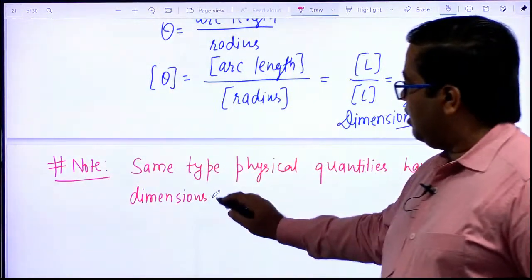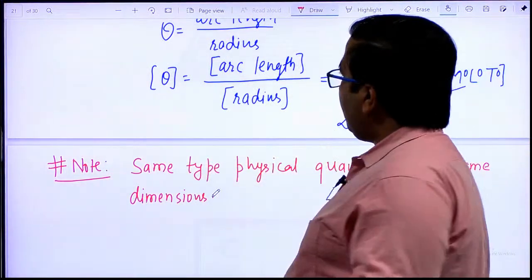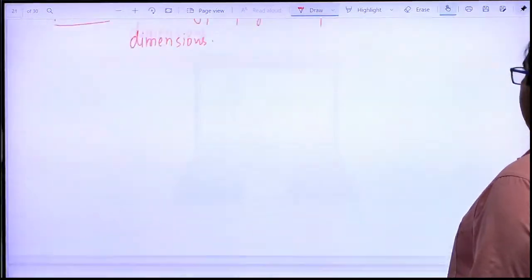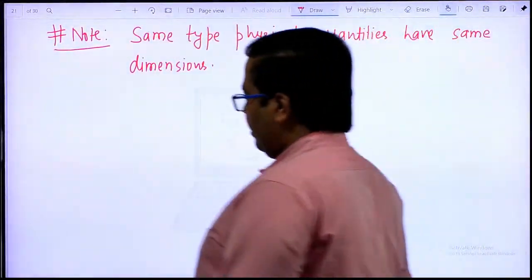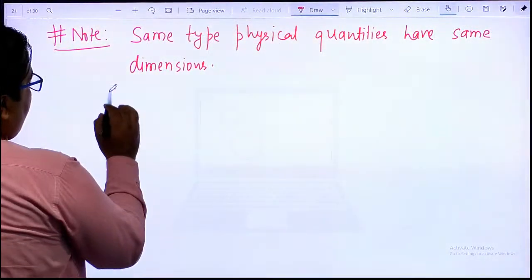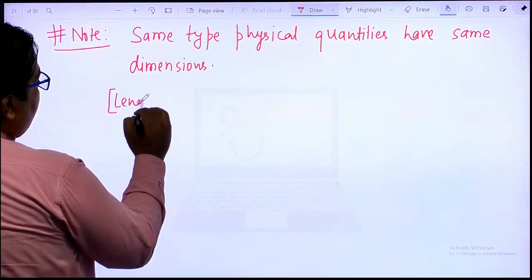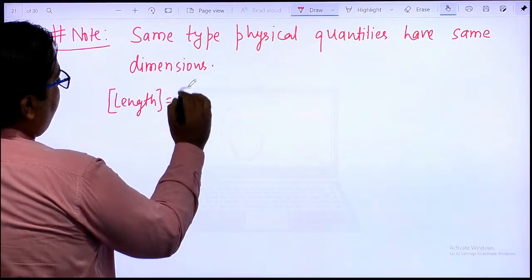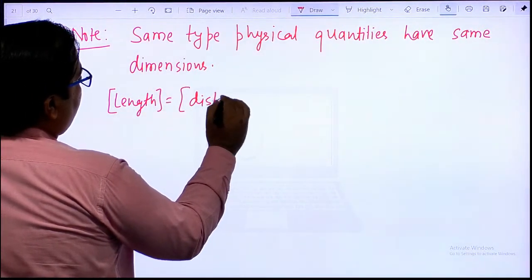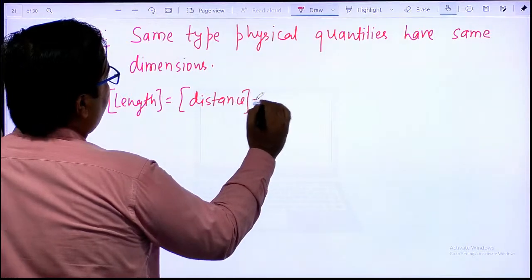We have seen here that the dimension of arc length is a length. For example, the dimension of length is equal to the dimension of distance, which is also a type of length.